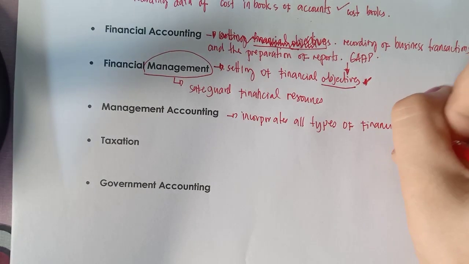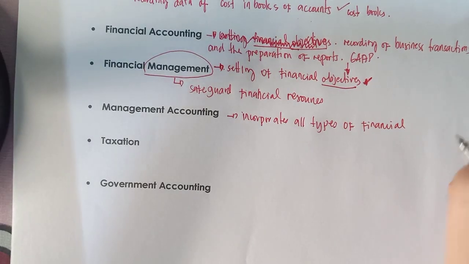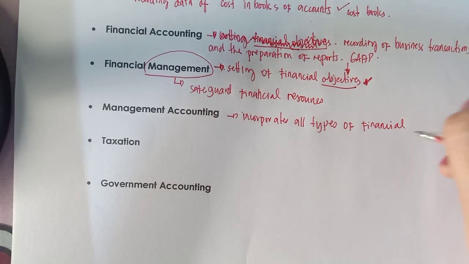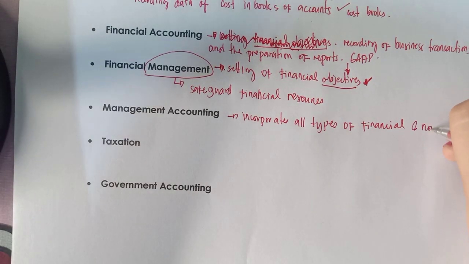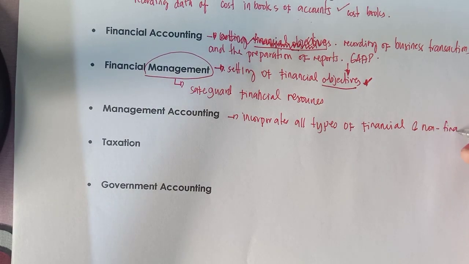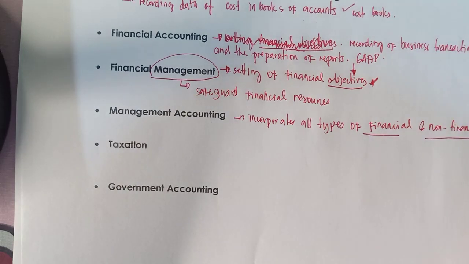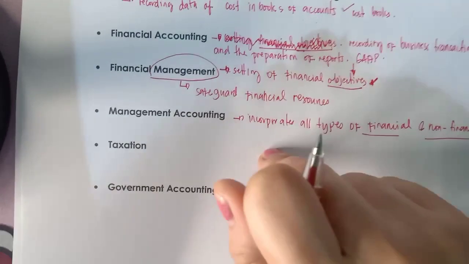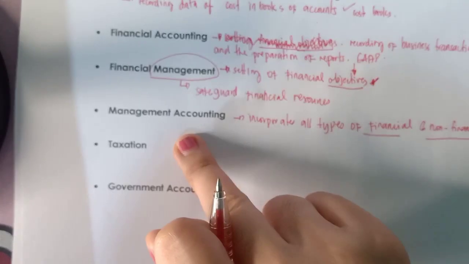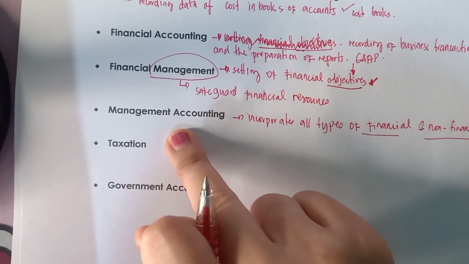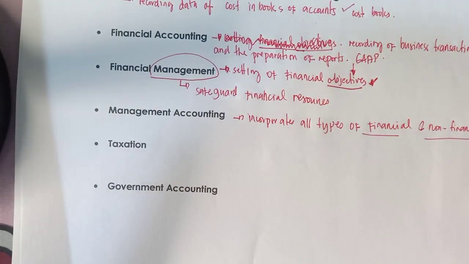So, dalawa ang ginastudyhan ng management accounting, the financial and non-financial information. So, hindi lang sila nag-focus sa financial, but at the same time, those non-financial information, which became a wide range of sources. So, that is the importance, and that is the meaning of the management accounting.